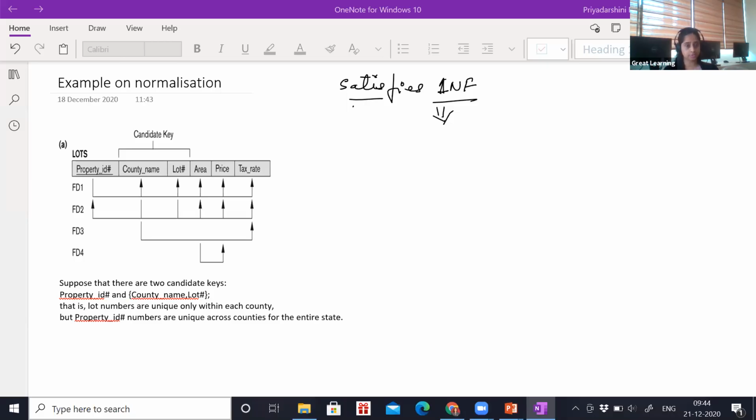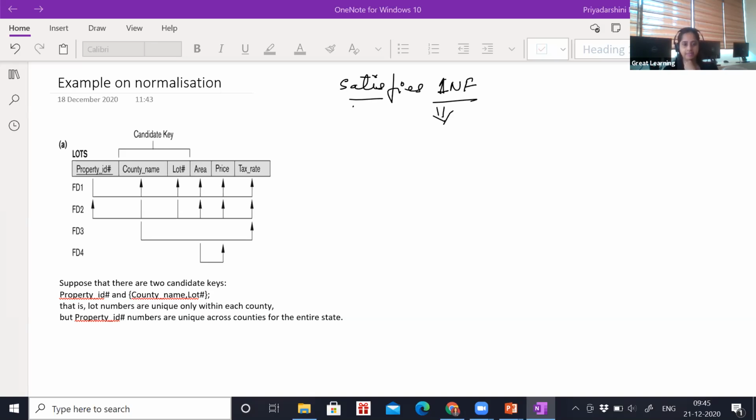It must be fully functional dependent on the primary key. Tarun, half correct. Nitish, half correct. Okay, fine.